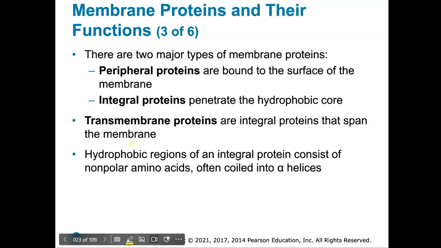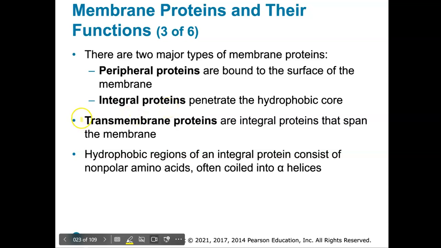All right, this page just tells us that some of the membrane proteins are peripheral. That means they're on the surface, the outside surface of the cell. Some are integral. That means they penetrate into the core of the phospholipids.